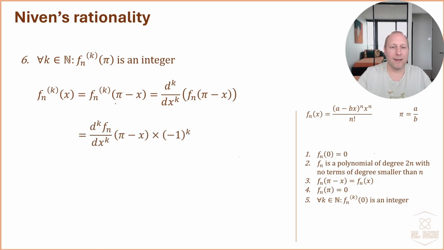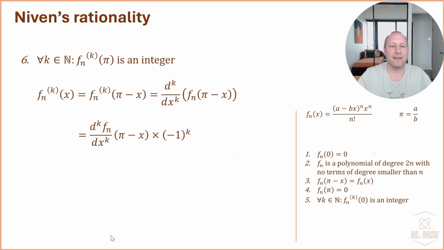And so we get the kth derivative of fn itself evaluated at pi minus x multiplied with the kth derivative of pi minus x, the argument of fn. And the kth derivative of pi minus x, every time you take a derivative you get a minus 1, and so you get minus 1 to the power k.